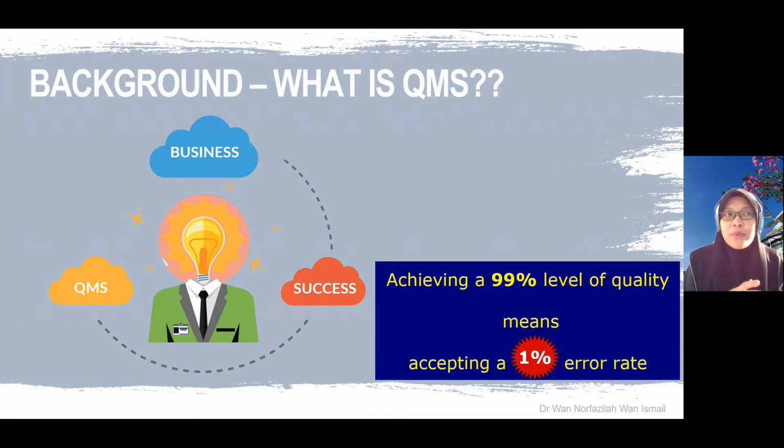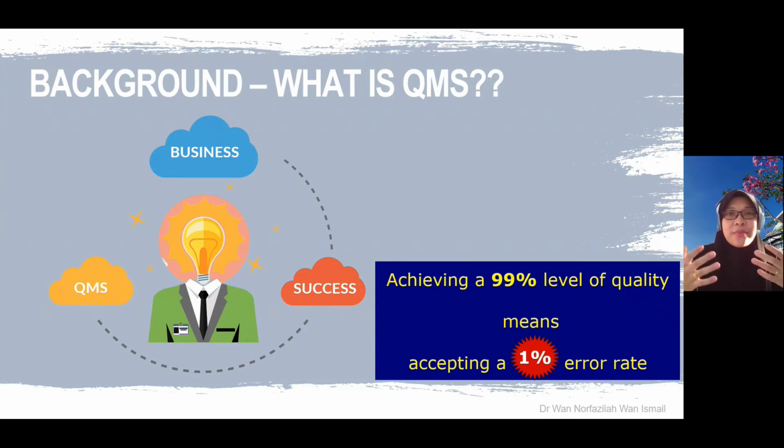Okay, tadi kita cakap, bila kita ada quality product, doesn't mean that it is a perfect product. Bukan kata tak ada error langsung. Tapi when we already try to reduce the error, we already achieve 99% level of quality, still ada 1% error. Is it acceptable?